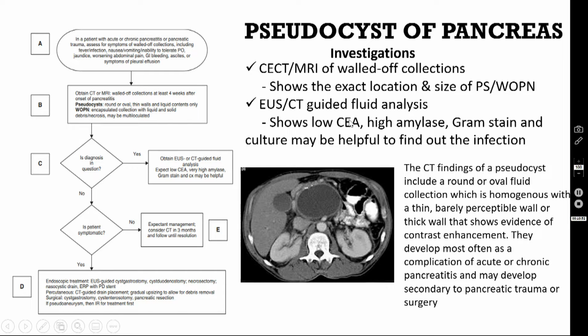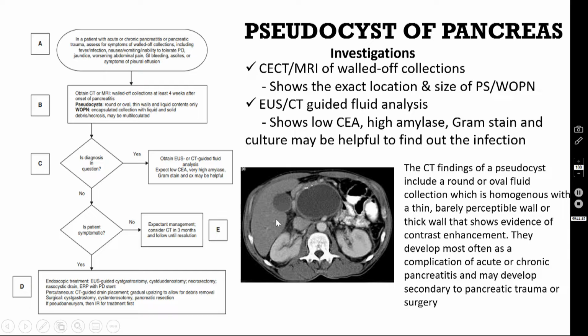But if it is a cancer, cystadenocarcinoma, then the CEA will be elevated. There will be a high amylase level if it is a walled off collection, and amylase will be low if it is cystadenocarcinoma. The gram stain and culture may be helpful to find out what type of infection these patients are having.